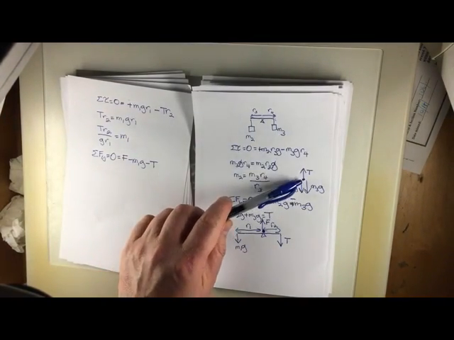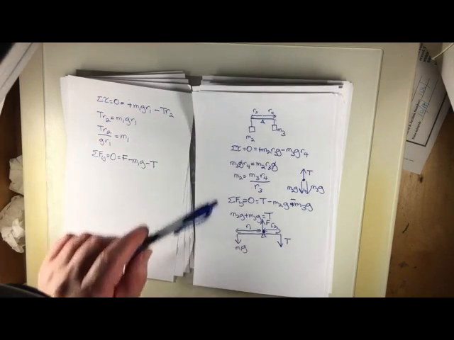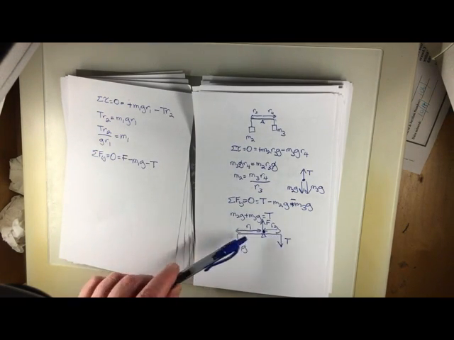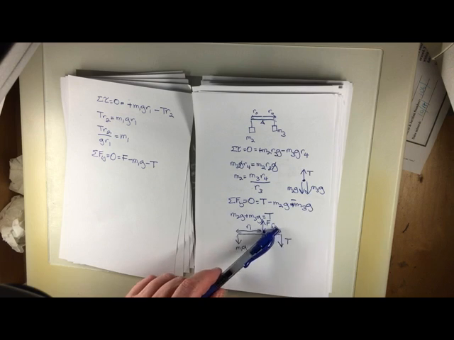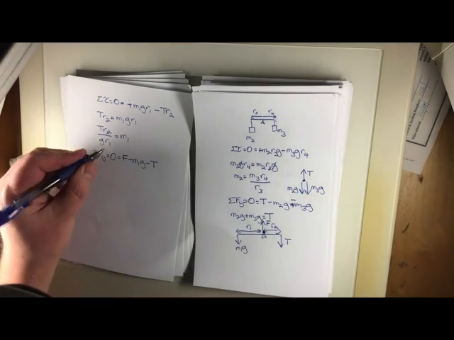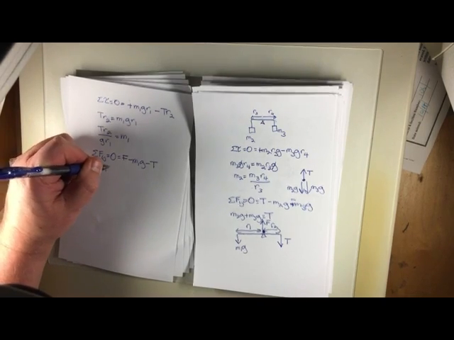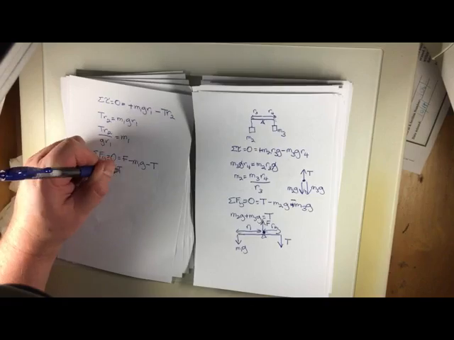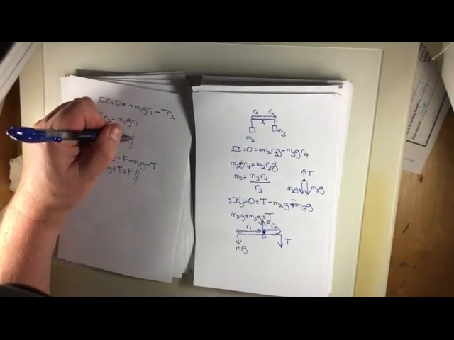In the first part, tension was pulling up. It was holding M2 and M3 up. But when you're thinking from the vantage point of the upper bar, that tension is now pulling down on the bar. So M1G plus T is equal to F. And you can get F.